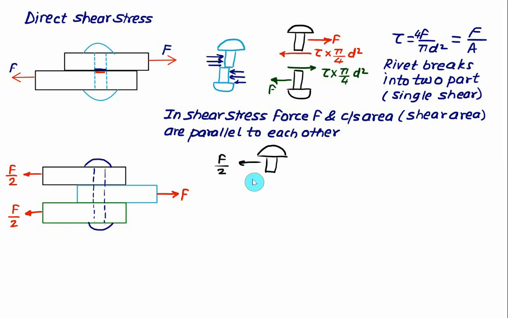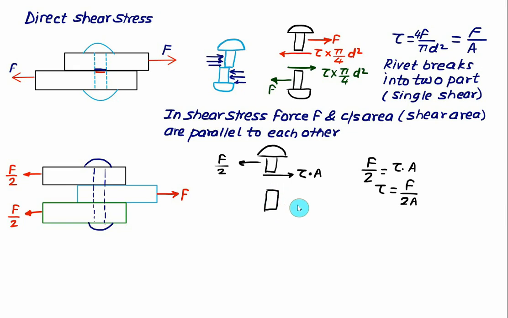And the shear stress will act in a rightward direction. So in this case, the shear force will be equal to tau multiplied by area. So we have F by 2 equal to tau multiplied by area. That is, we have shear stress equal to F divided by 2 times the area. If you see the middle portion here, it will look somewhat like this.